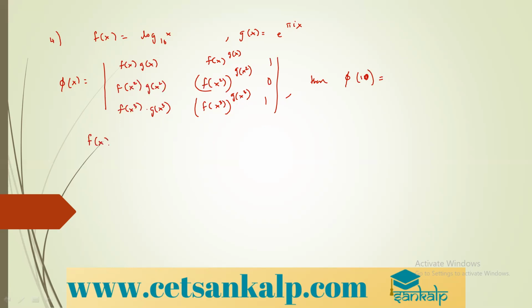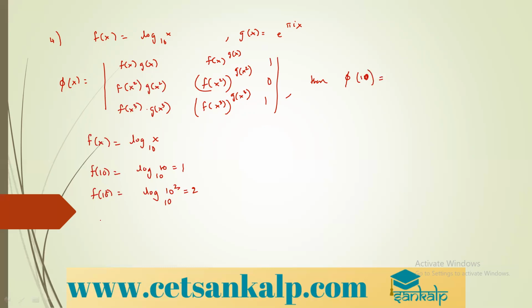So first of all, f of x is given as log x base 10. So f of 10 will be log 10 base 10. That is 1. F of 10 square will be given as log of 10 square base 10.